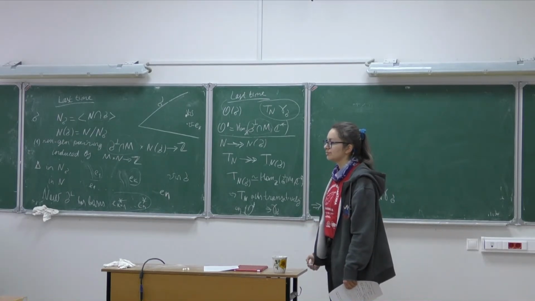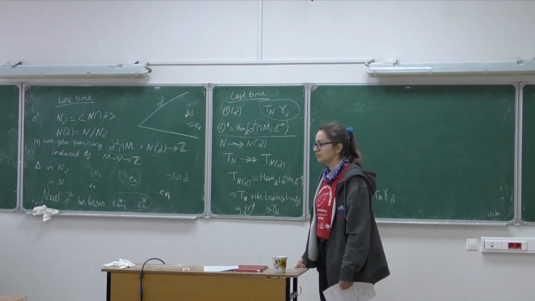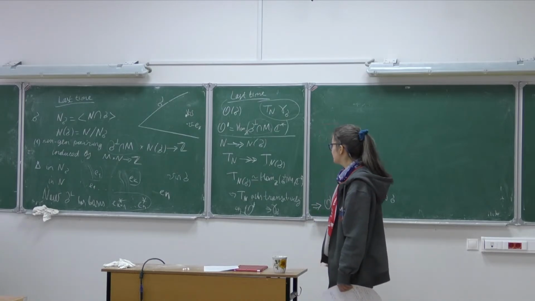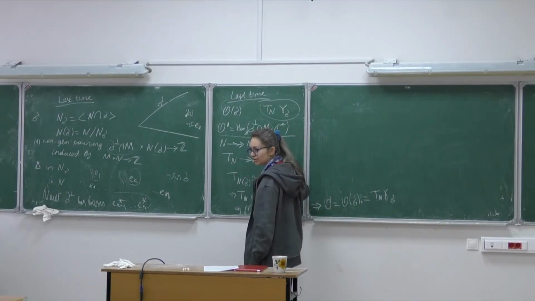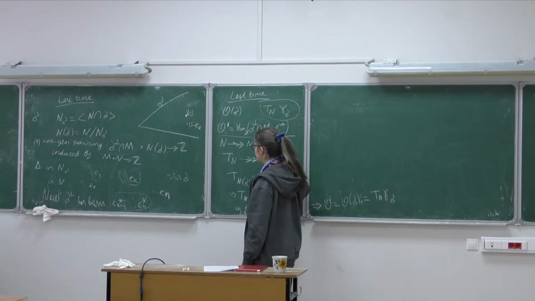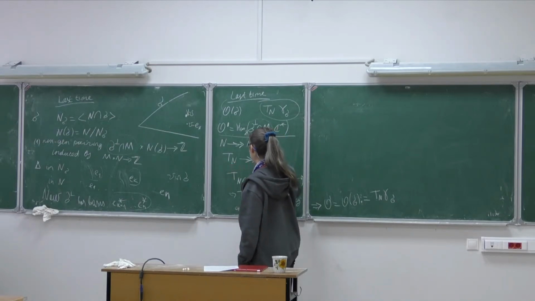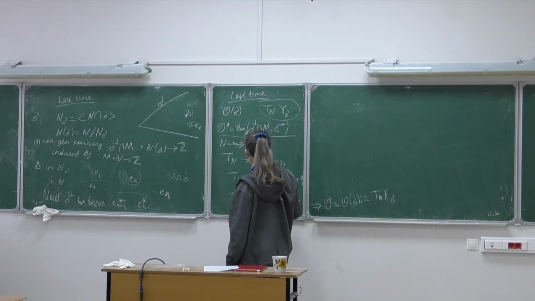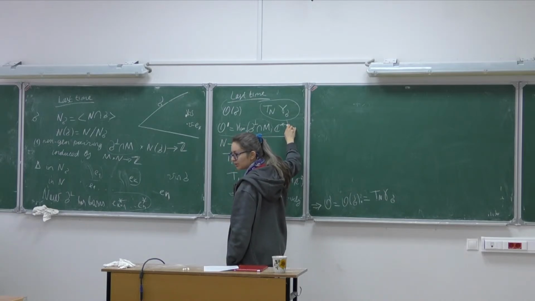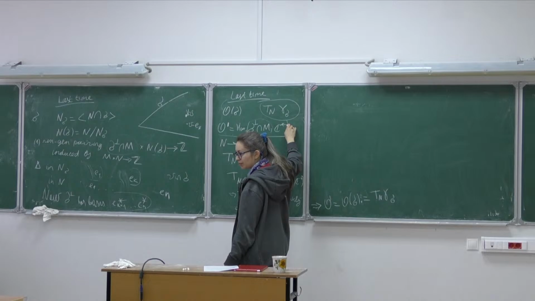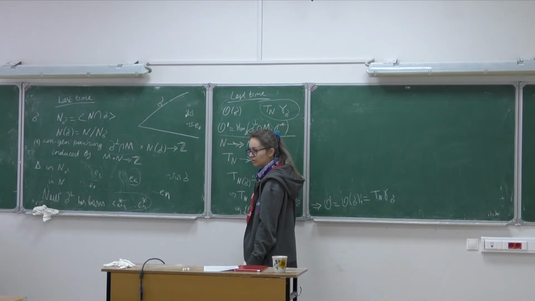Why does Tn act transitively? Can you repeat this? Yes, Tn maps surjectively to this stuff, just because we have a surjective map of lattices, and so the tori also map surjectively. And Tn sigma acts on O prime transitively because we can show how to map one element to another.